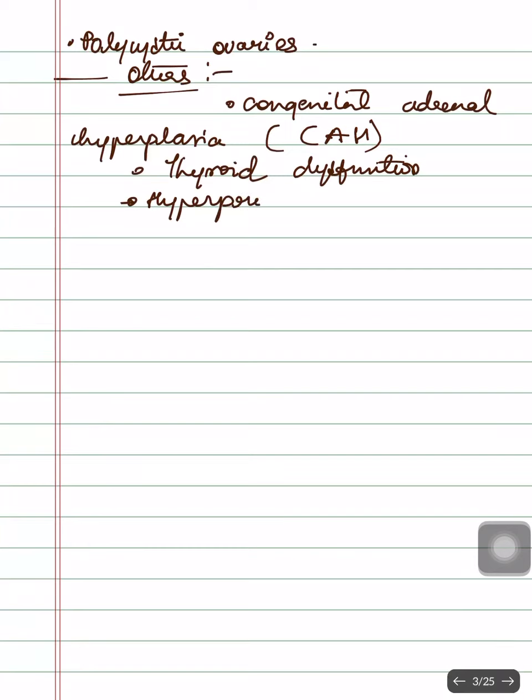And next, you will see other etiologies to exclude, such as congenital adrenal hyperplasia, CAH, thyroid dysfunction, and lastly hyperprolactinemia, and Cushing syndrome.